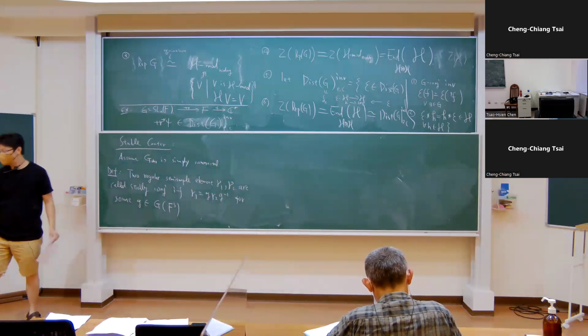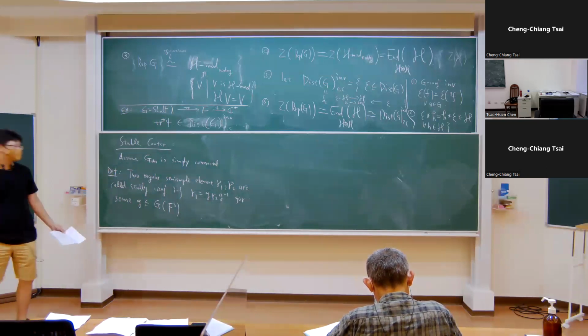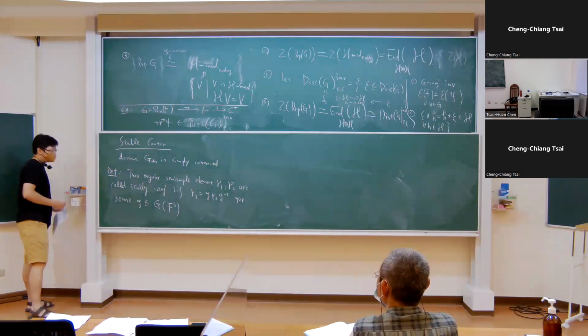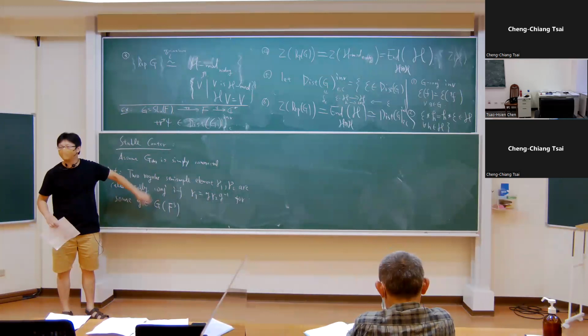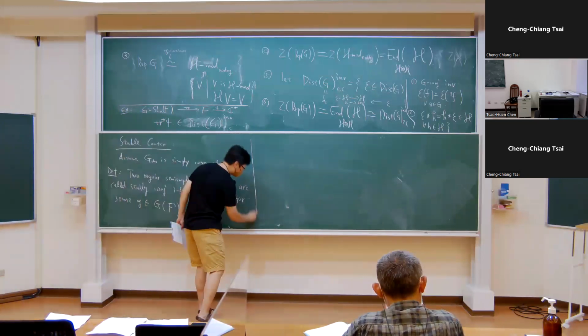Is this okay? Cheng-Chiang, are you happy or did I make a mistake? Basically, they are conjugate in a closure.